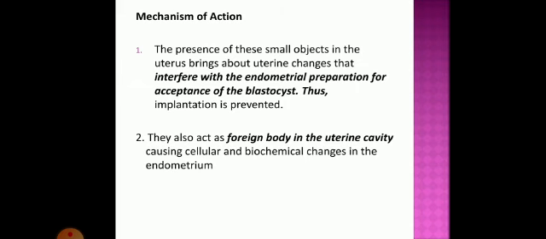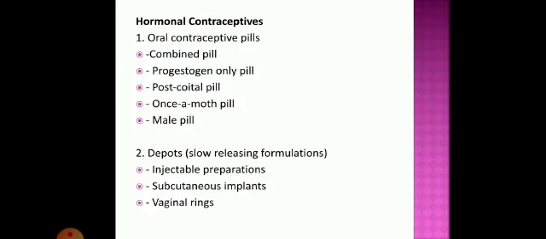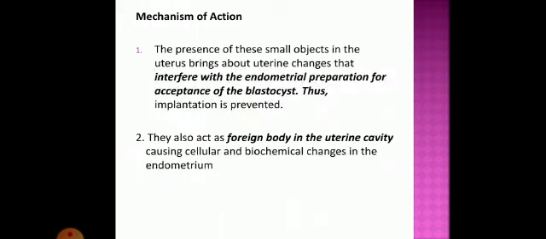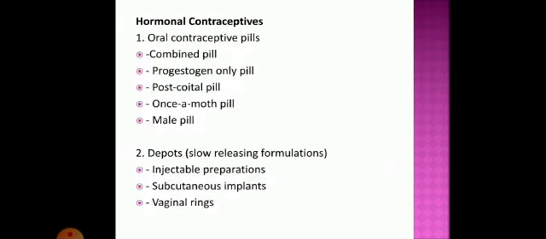This makes the mucus very thick so that the sperm cannot enter the uterus, and it also makes the uterine endometrium highly unfavorable for implantation. So that's the mechanism by which the intrauterine contraceptive devices prevent pregnancy.